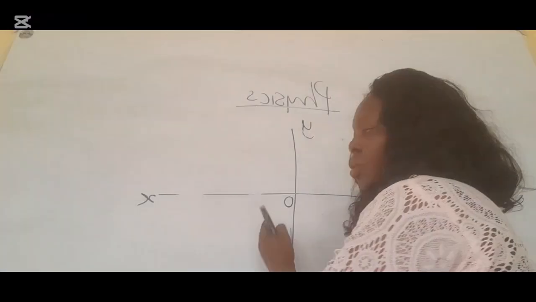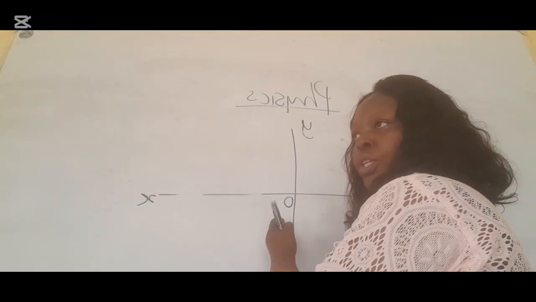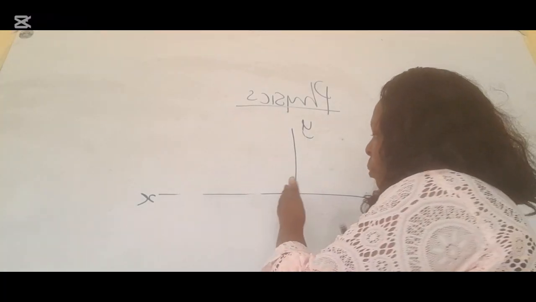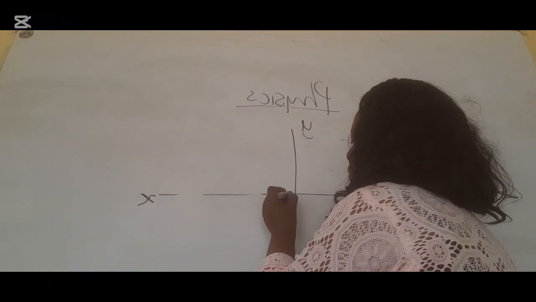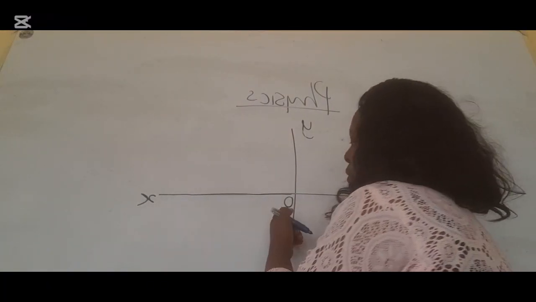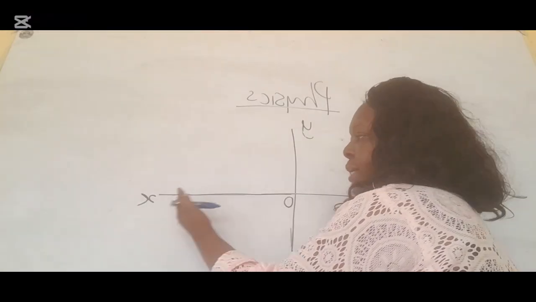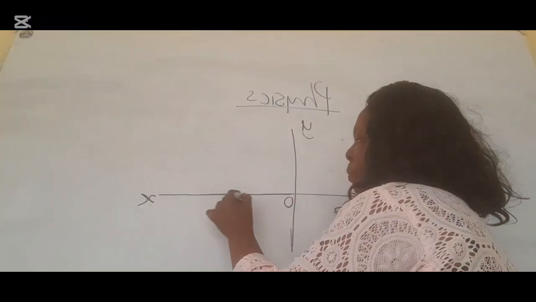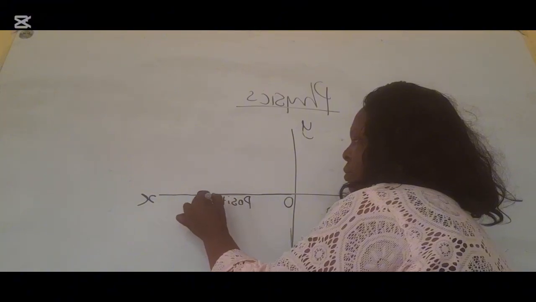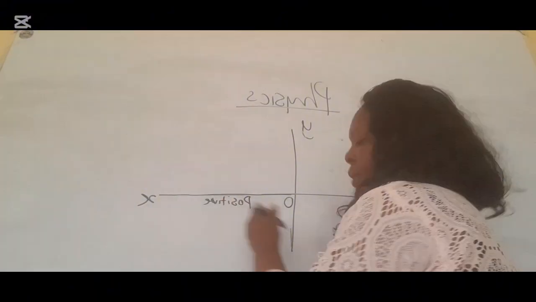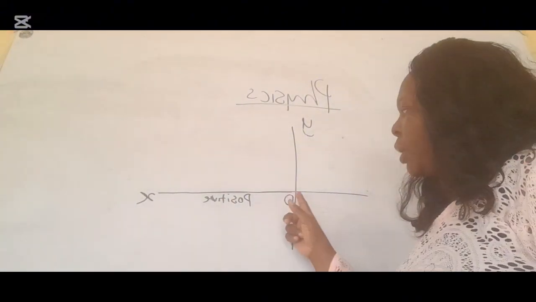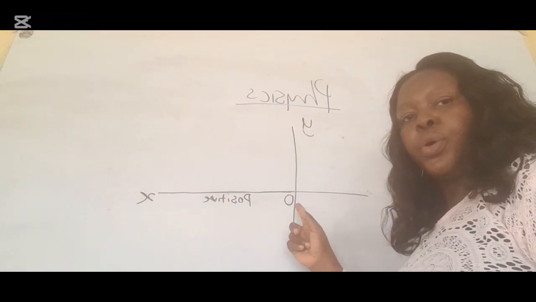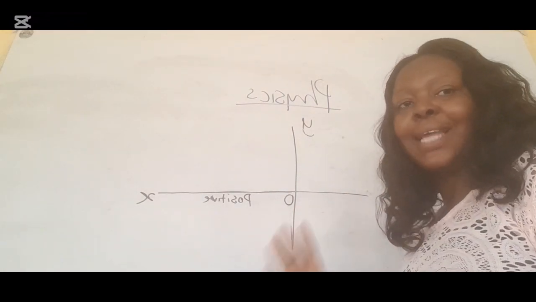The points to the right of our origin are always what? Positive points. The points at the right side of O, the origin, are all positive points. Now, the points that are to the left of the origin are referred to as negative points.